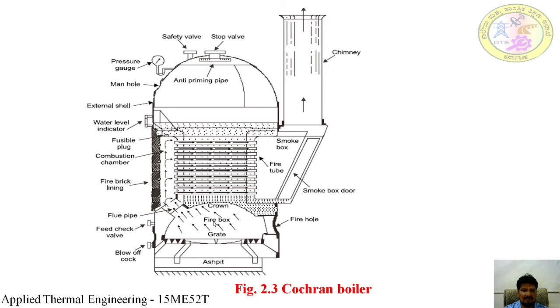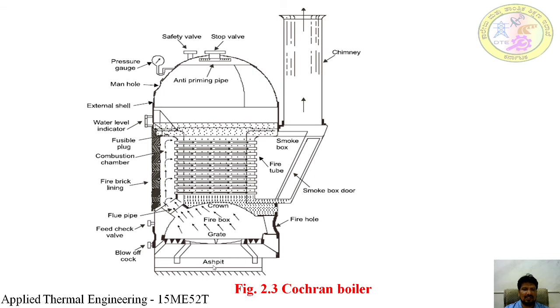This is the firebox, where the fire will be produced by means of coal or wood. So there are two hemispherical shapes.